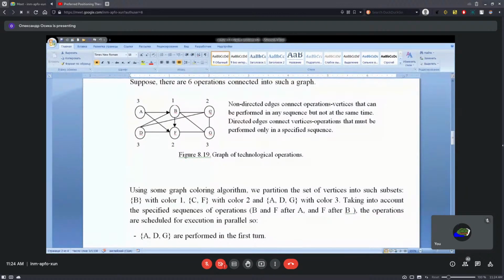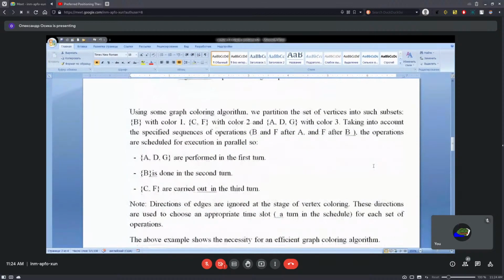Vertices C and F, color 2, meaning that C and F can be done simultaneously. And A, D, and G, they get color 3. None of them are adjacent. That's why these different operations can be done in parallel.